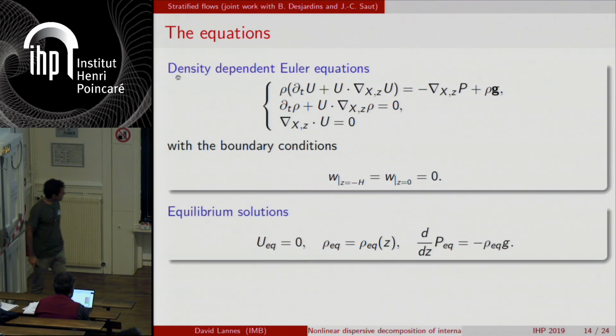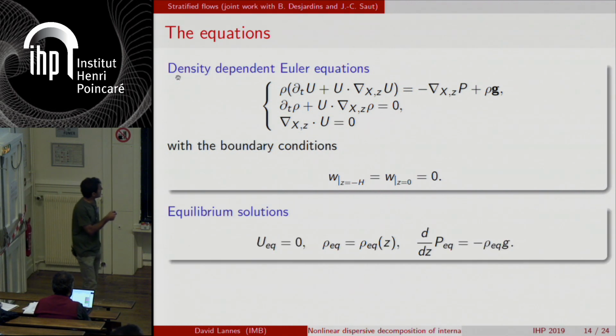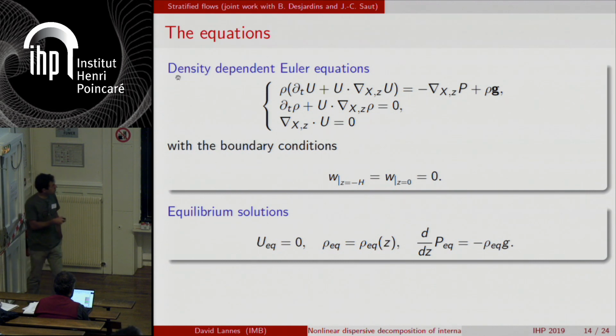So the first thing that we can say is that they will appear if we look at perturbations of an equilibrium solution. So you have an equilibrium solution, a stationary one. I will take the case where you don't have horizontal velocity. So you have an equilibrium solution for the velocity, which is u equal to 0. So you have 0, 0, 0 here.